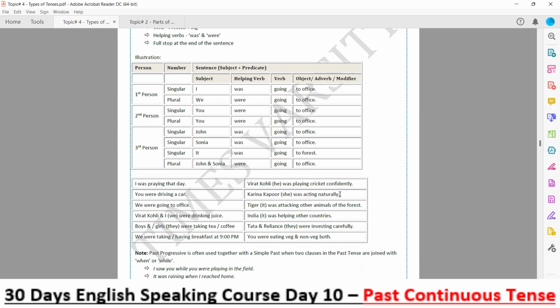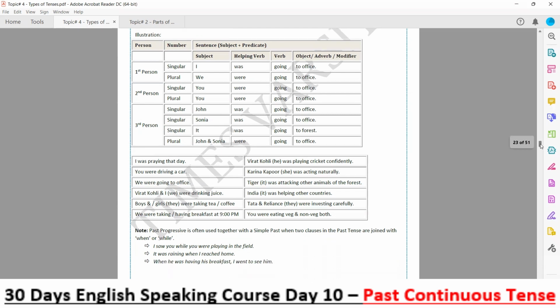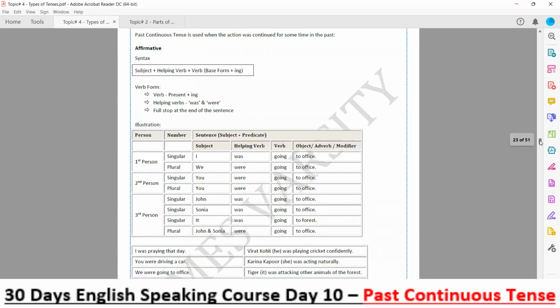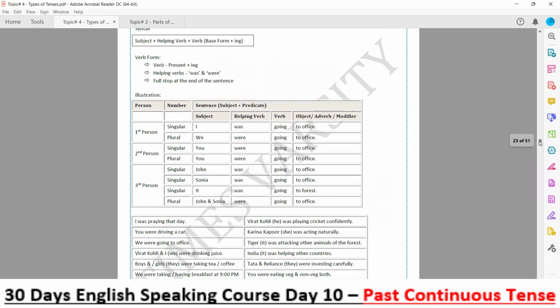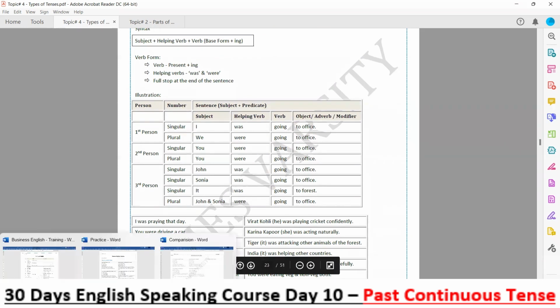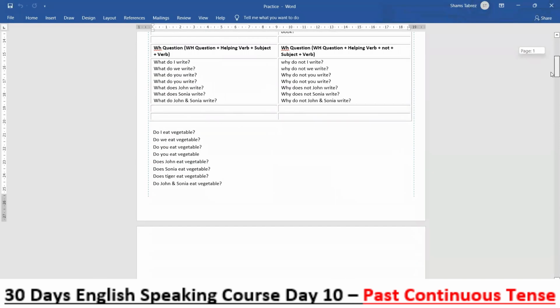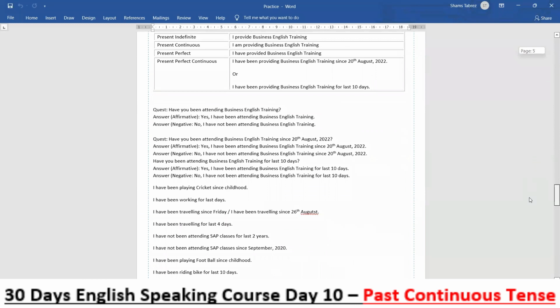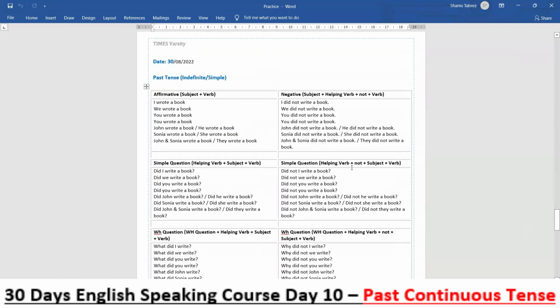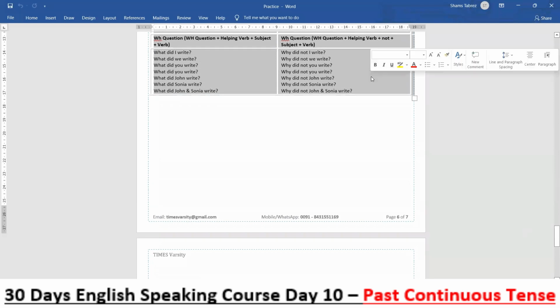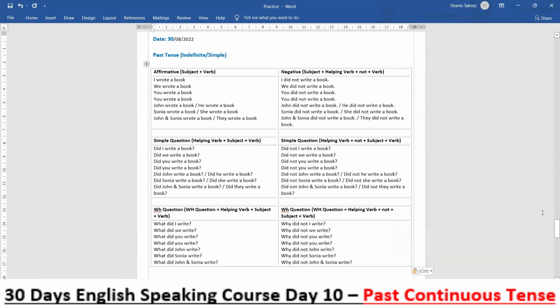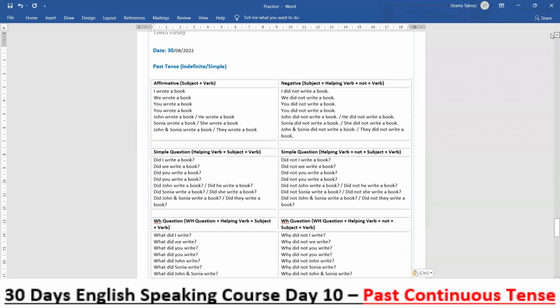We will take some other examples as well. Now let's make some examples. All right, now it's your turn. Let me copy this one and make sentences in past continuous.